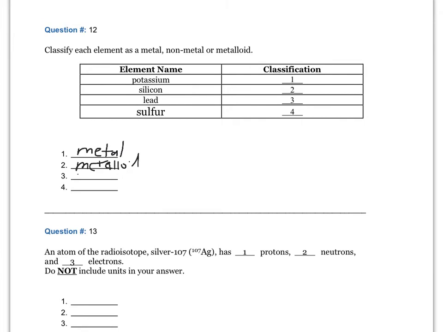Lead, blank 3, is a metal. Blank 4, sulfur, is a nonmetal.